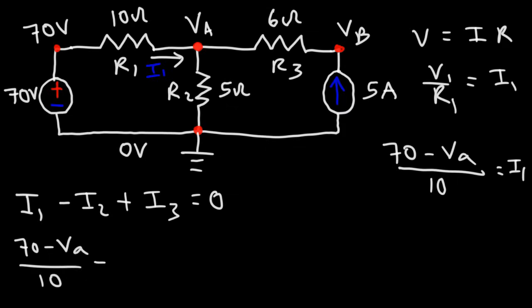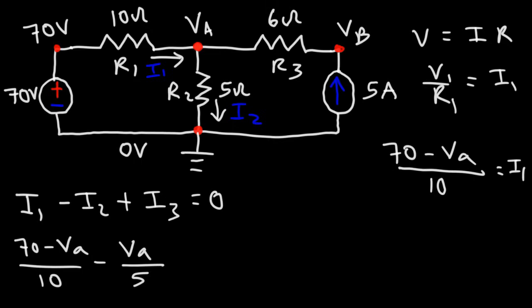Now what about I2? That is the current that is flowing through the second resistor. So the voltage across that resistor is the difference in electric potentials of VA and 0 volts. So VA minus 0 is simply VA, divided by the resistance of 5 ohms.